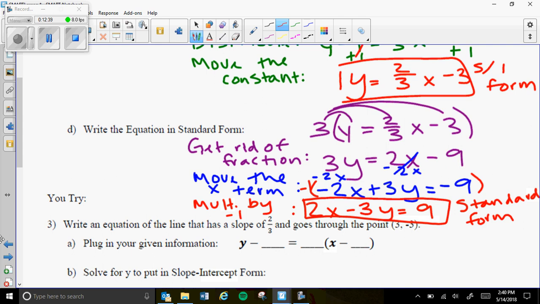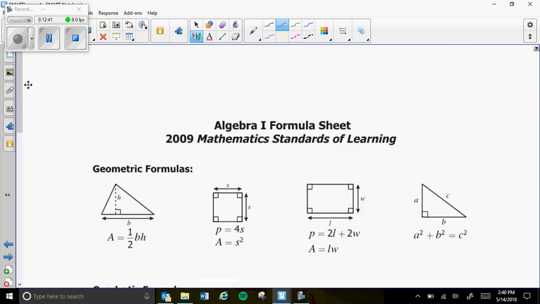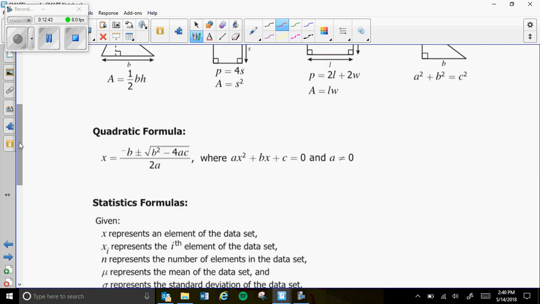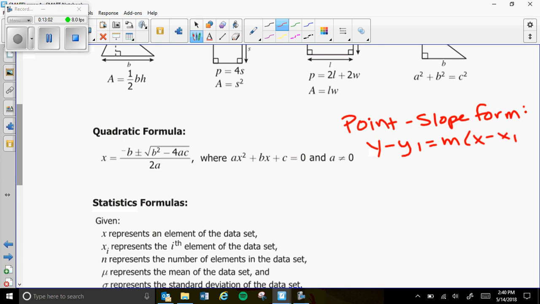Before you get to your you-dos, we need to add some things to our formula sheet. So we have 2 new equations we learned. We talked about point slope form, which is y minus y1 equals m parentheses x minus x1.